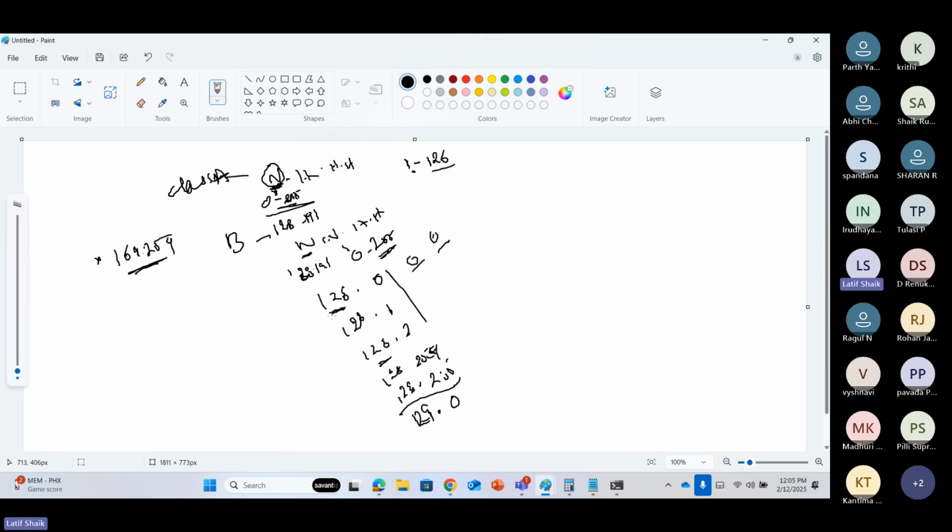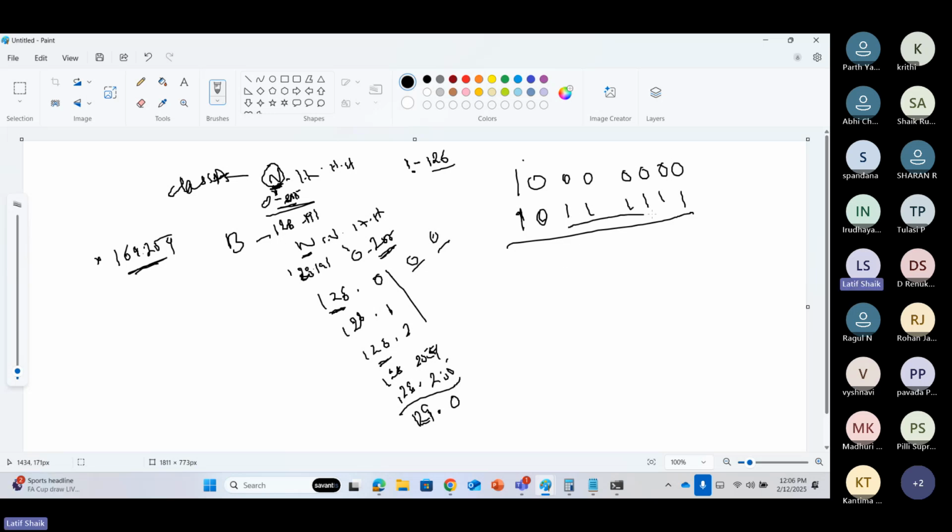So what's the difference? 128 to 191, around 63 difference.